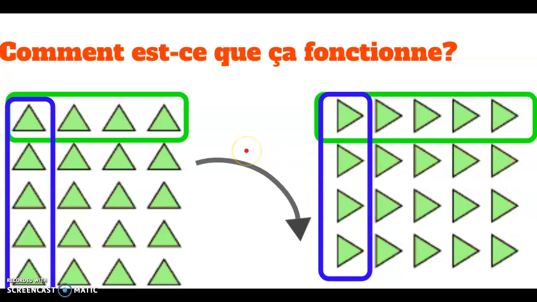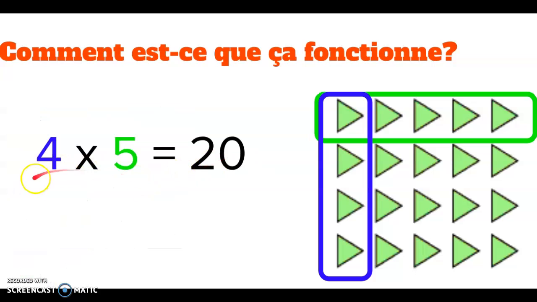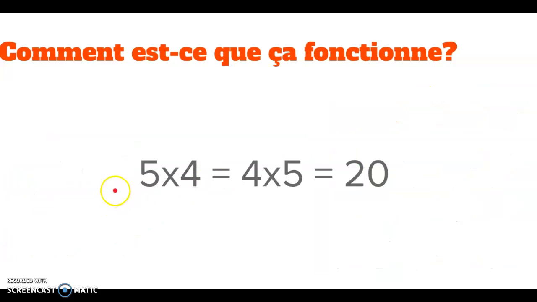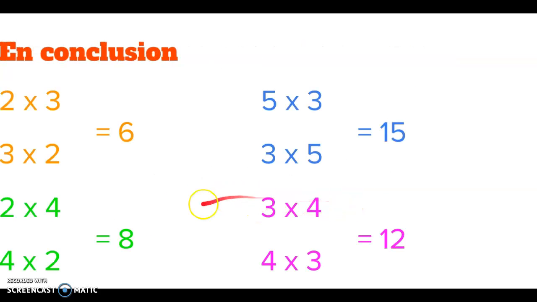We haven't taken any triangles away, we haven't added any triangles, we just flipped the grid on its side. And so now we have 4 triangles vertically, 5 triangles horizontally, and 20 triangles in total, so 4 times 5 equals 20. So 5 times 4 is the same thing as 4 times 5, they both equal 20.